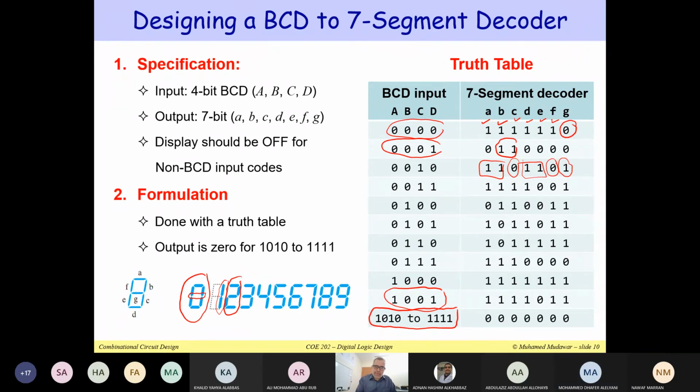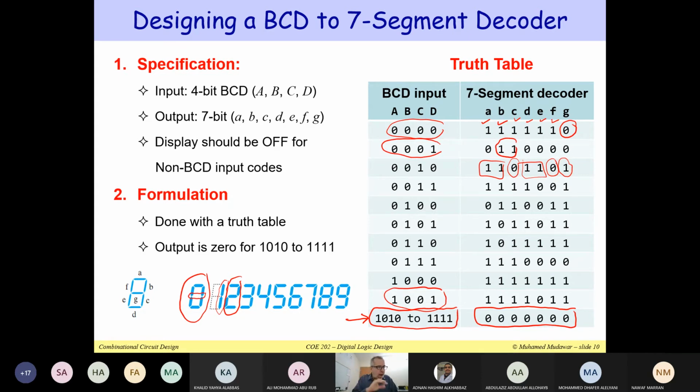So you can see that if the input is not BCD, from 10 to 15, the specification indicates that all the segments should be turned off. So they should all be zeros. I did not really use any don't care here. I wanted them to be off. If for whatever reason we get an input which is not BCD, we are not going to display anything.